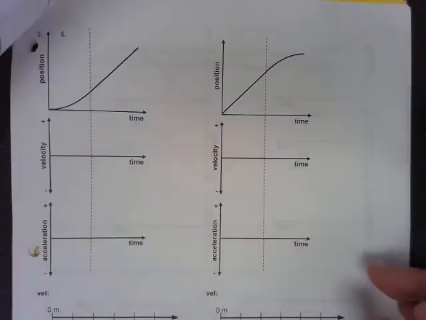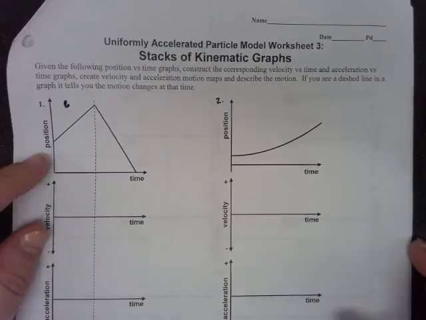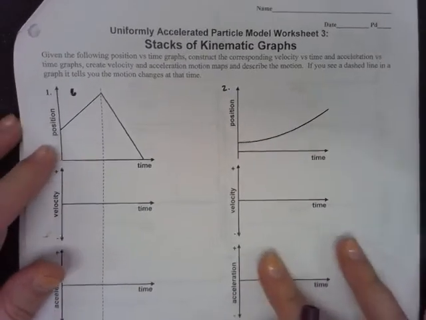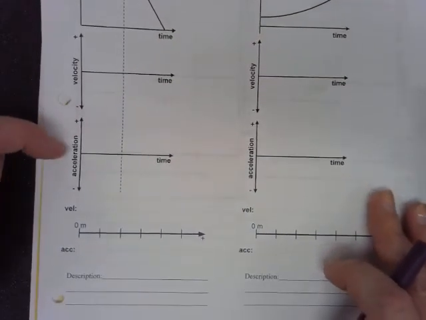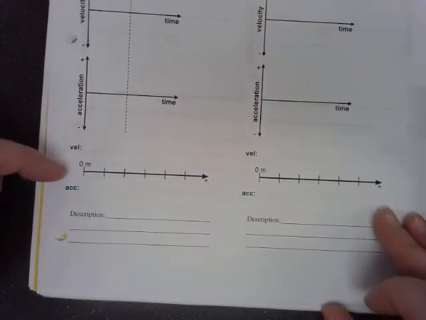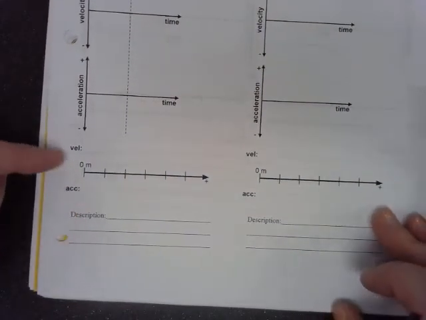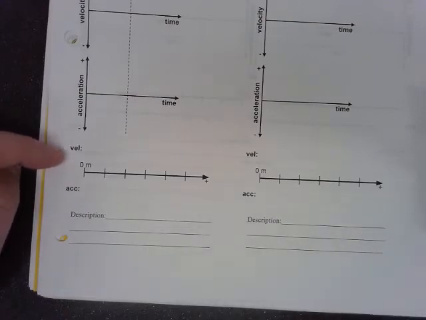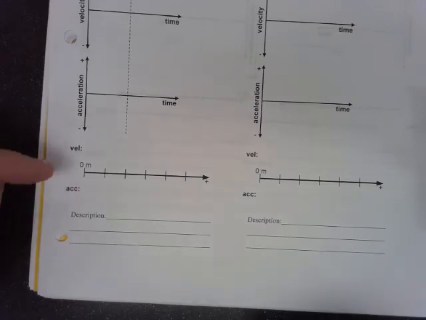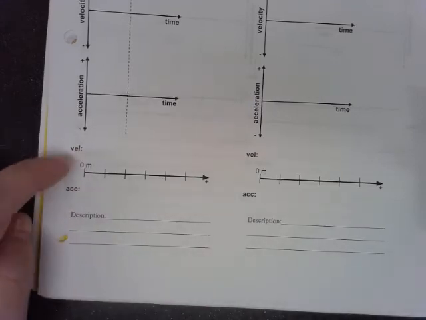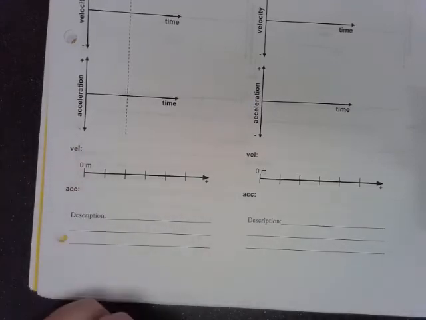You guys are going to be given the position versus time graph. And using that information, you need to create a velocity versus time graph, an acceleration versus time graph, a motion map, and a description. But check this out. There's a space here for a velocity motion map and an acceleration motion map. Velocity one is the one that we normally do. Acceleration is kind of a new idea.